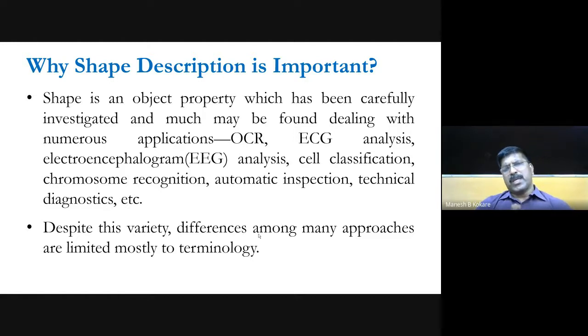You know that shape is an object property which has been carefully investigated, and much may be found dealing with numerous applications. Take the example of OCR, optical character recognition, or ECG, electrocardiogram analysis, or EEG, electroencephalogram analysis, or cell classification, or chromosome recognition, or automatic inspection in industry, or technical diagnostics. Or take any example of vision systems, pattern recognition, or machine learning.